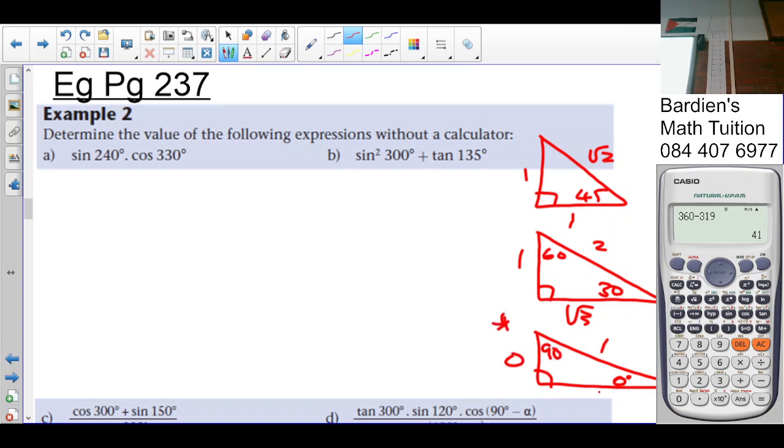Nobody must come to me and prove it's not a triangle and all of this stuff. I know it's not. Okay? That's what we need. So let's look at A.